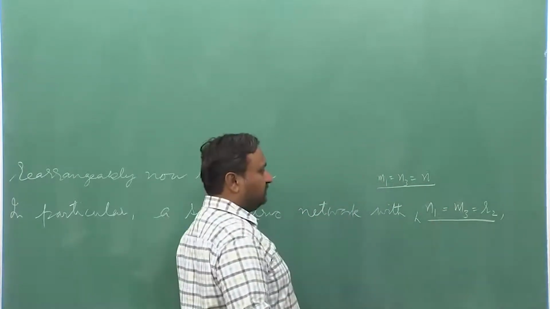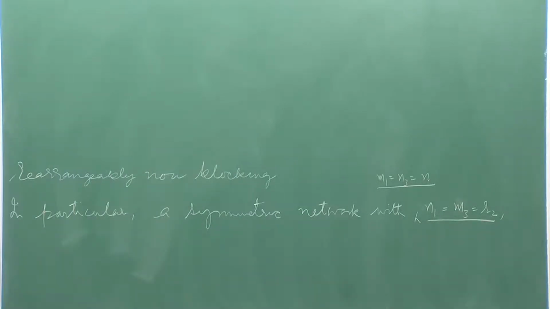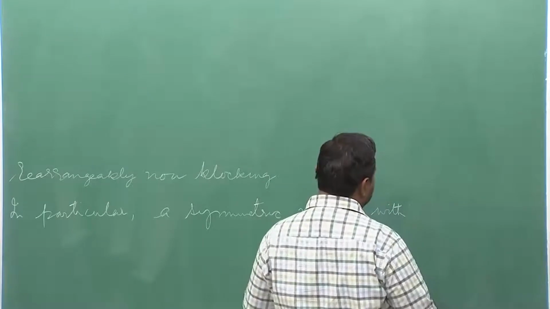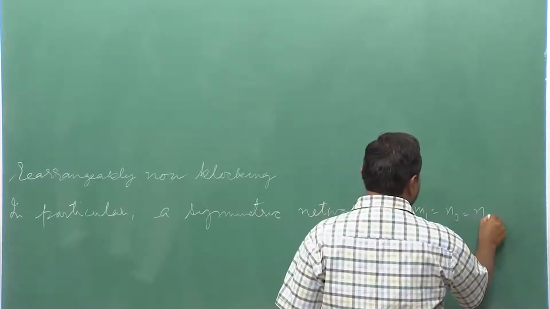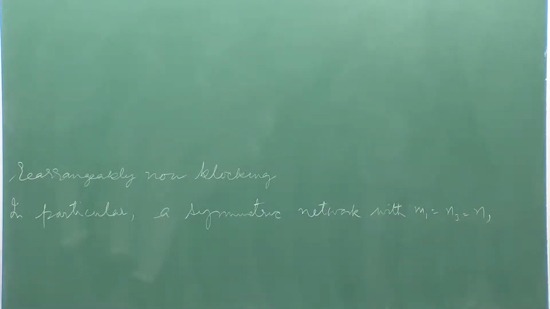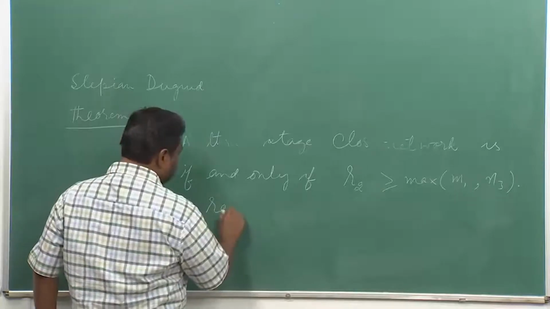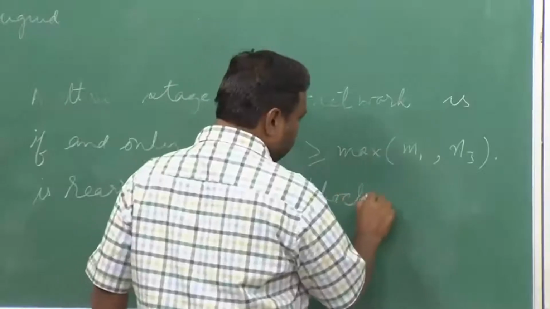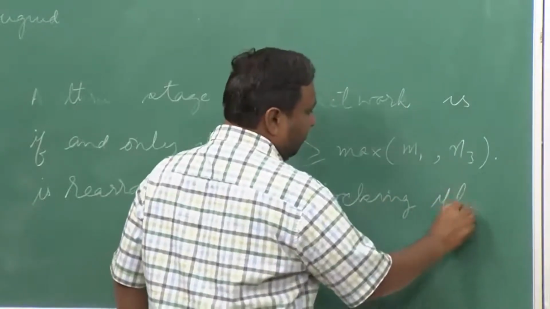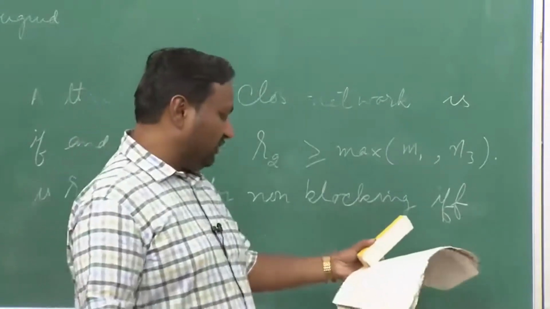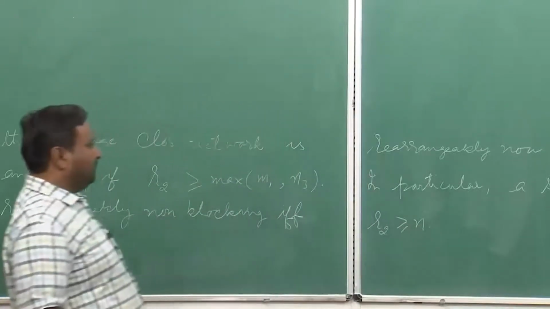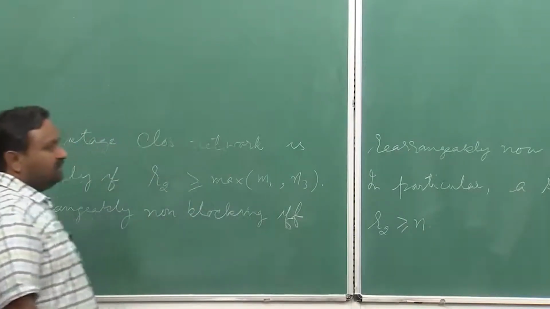This condition is always true for the Clos network. So, in fact, I need not write this, I can work with only this condition. So, a symmetric network is rearrangeably non-blocking if and only if, this is the symbol used for if and only if, R2 is greater than or equal to N. So, in fact, this same condition degenerates to this under that scenario.